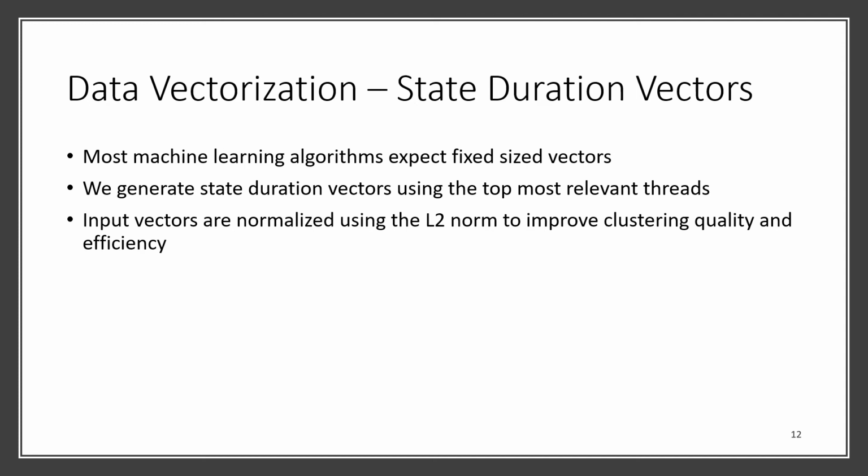Again, we have the 2 running states and the 4 block states. The value of each of these entries is the total time that each of the most relevant threads spent in each of those states. After generating these vectors, we normalize them using the L2 norm. This improves the clustering quality and overall efficiency.